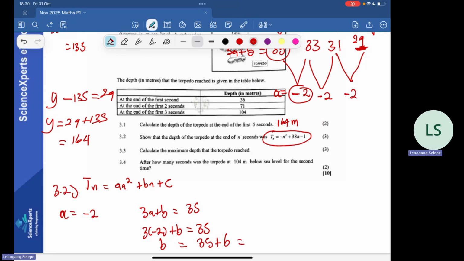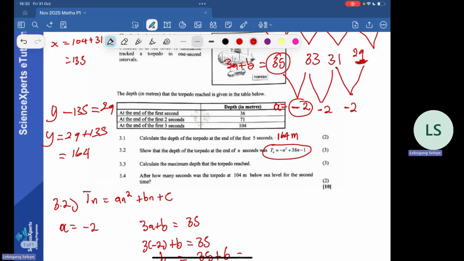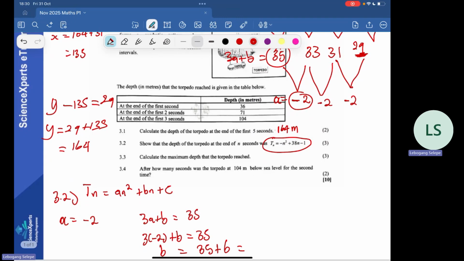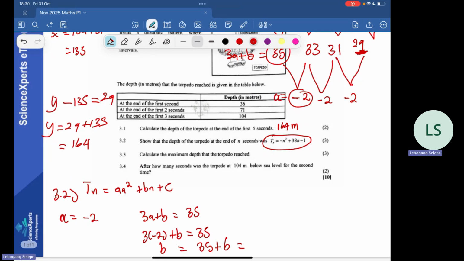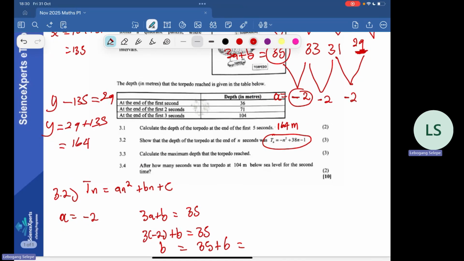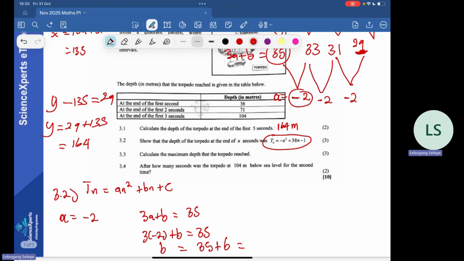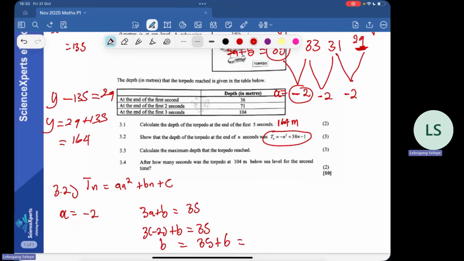All right, I think I made a mistake here. This is actually 2A, not A. Mistakes happen, guys.